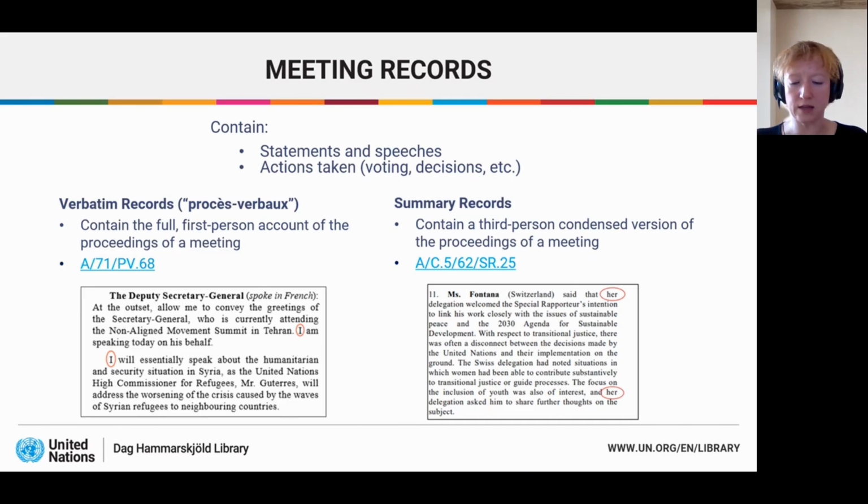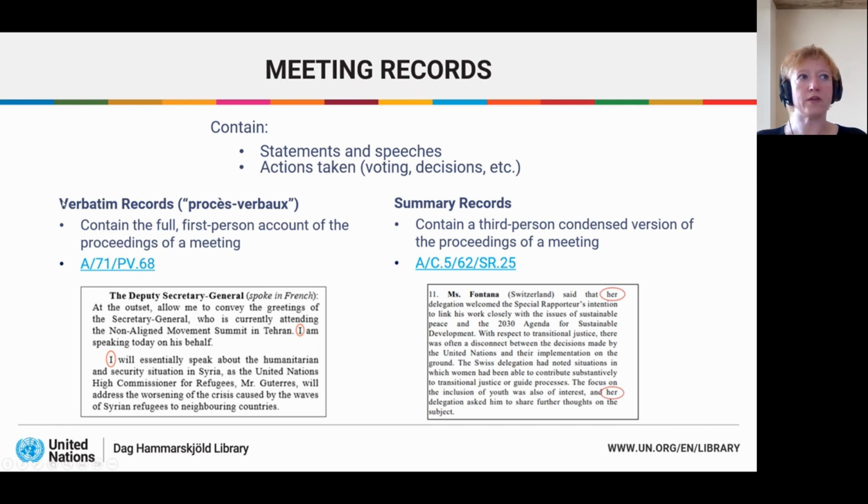Meeting records contain speeches, statements, and they also contain actions that were taken, voting information. So you can see how the member states voted on a specific draft resolution. They can also contain decision texts. And there are 2 types of meeting records.